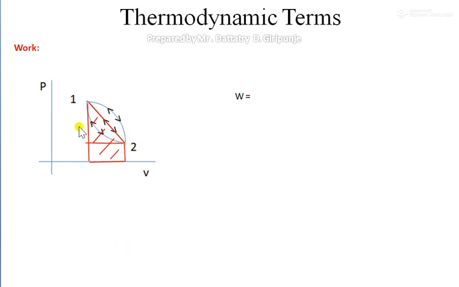If I name this 1A, this 1B, and this 2A, then we will calculate the work done by this process algebraically.